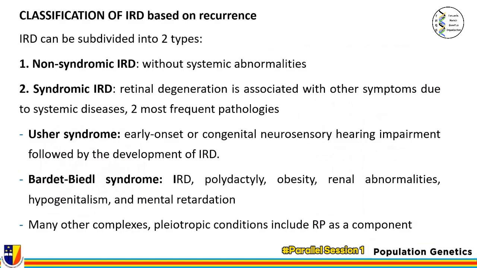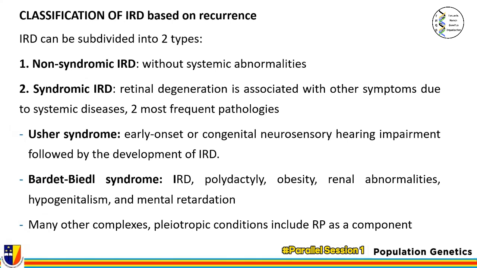RAD can be subdivided into two types: non-syndromic RAD without systemic abnormality, and syndromic RAD, where retinal degeneration is associated with other symptoms due to systemic diseases.